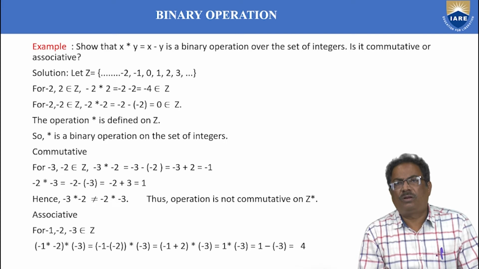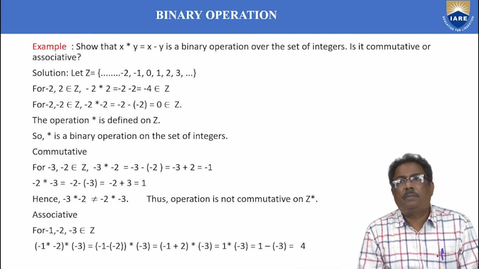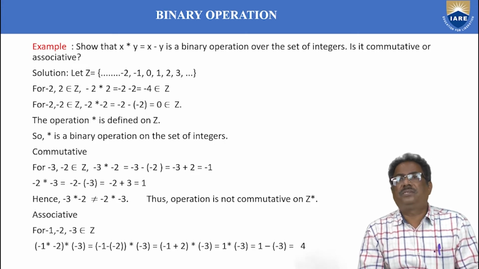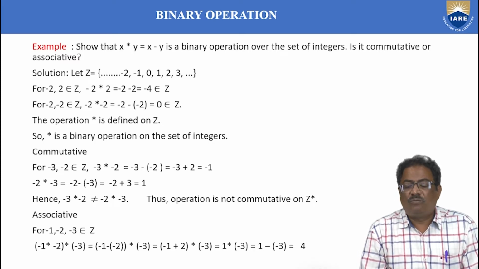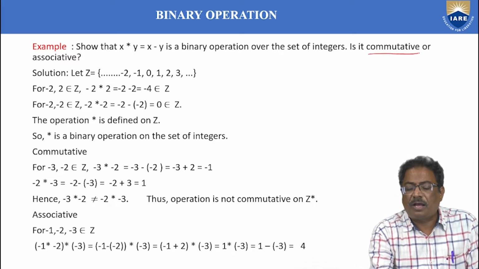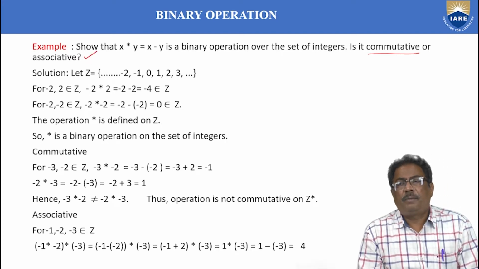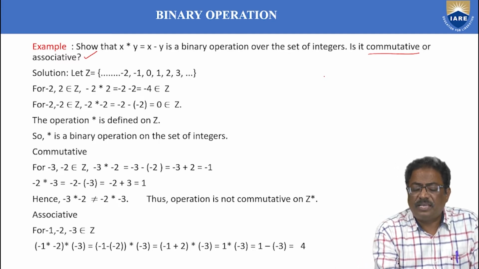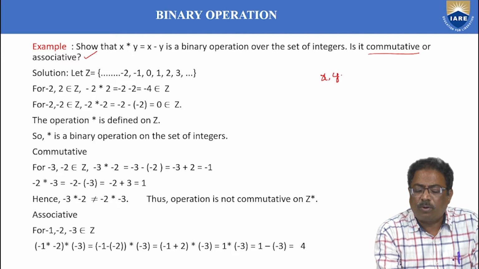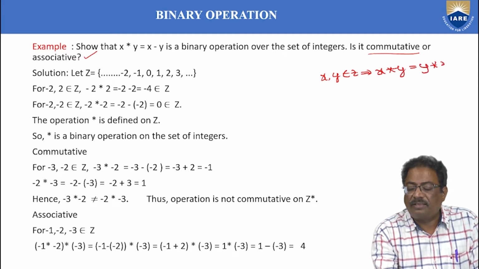Now there are some more problems. The binary operation is given and defined on a set of integers, and we check whether it satisfies the commutative or associative properties. Commutative property means, if I am taking x, y belonging to Z, then x star y is equal to y star x.